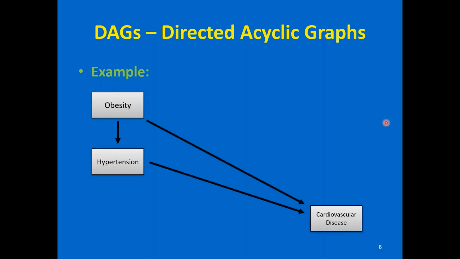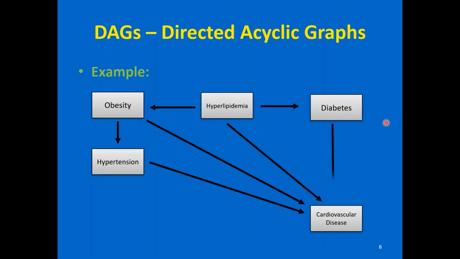And here is an example. Obesity is an exposure variable that causes hypertension, at least that's what we hypothesize, and hypertension is associated with cardiovascular disease in a causal manner. But in the meantime, the relationship is more complex than we think.